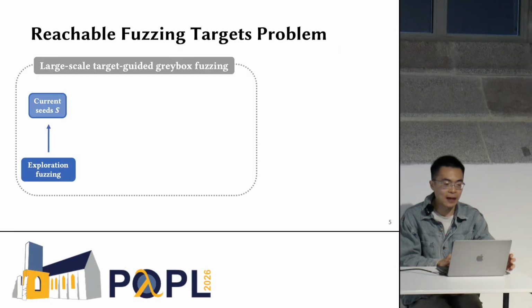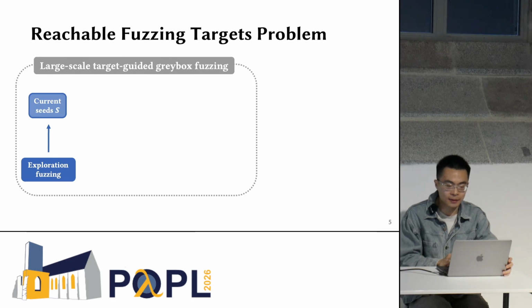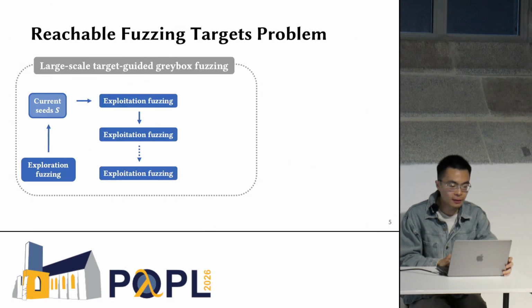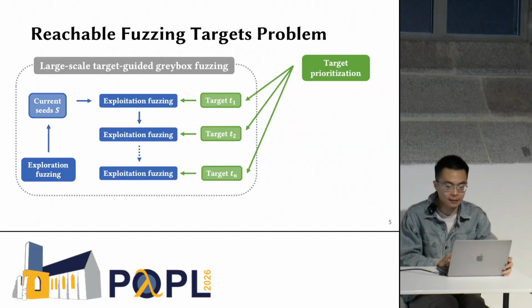First, exploration fuzzing is performed to continuously expand coverage and obtain the current seed set S. Then, several rounds of exploitation fuzzing are conducted based on S. In each round, target prioritization is used to select a target T, and exploitation fuzzing is performed with the goal of triggering bugs at target T. After several rounds, the process returns to exploration fuzzing.